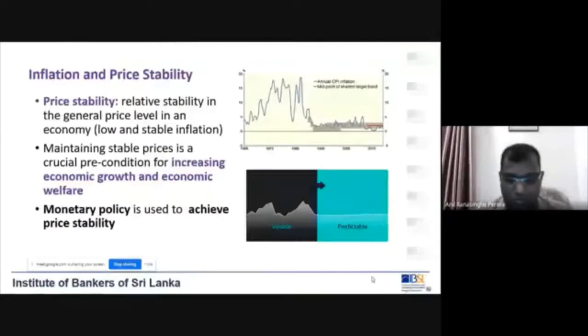Now, we know money is having a relationship with inflation. Excessive money is the major root cause of inflation.